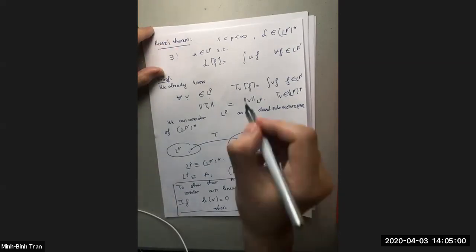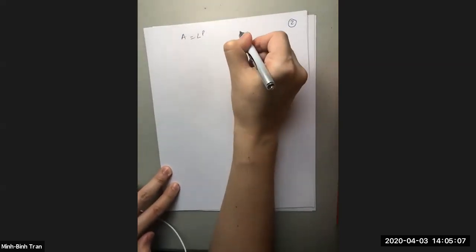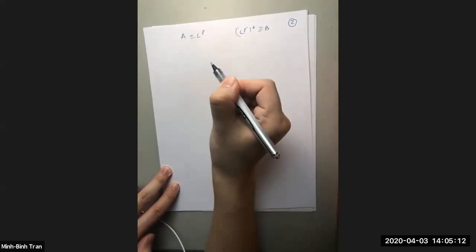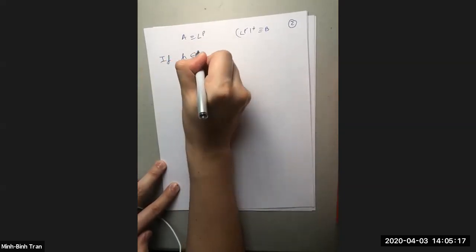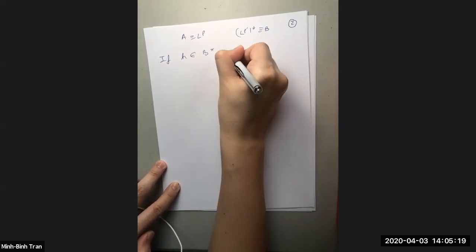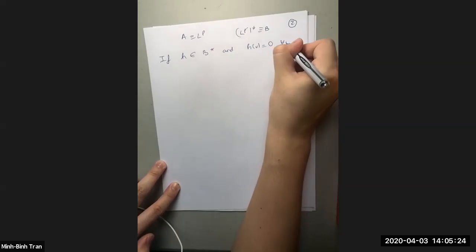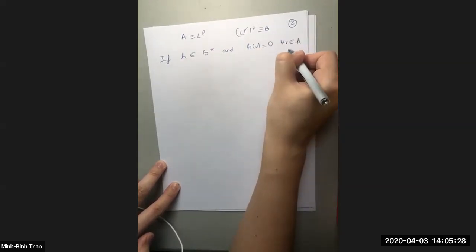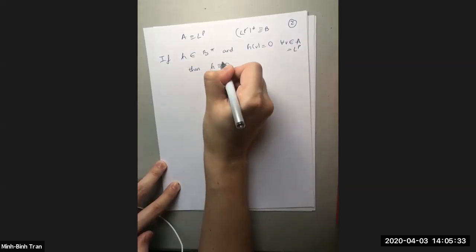Recall that L^p is A and (L^p')* is B. We are going to prove that if H is in B* and H(v) is 0 for all v in A, or L^p, then H has to be 0.